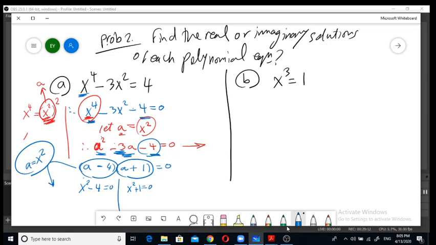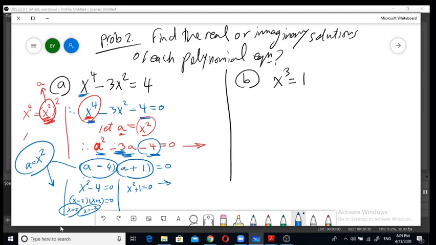Then x squared minus 4 is equal to 0. Easily we can find the solution by factoring difference of two squares. So it will be x minus 2, x plus 2. Then x is equal to 2 and x is equal to negative 2.